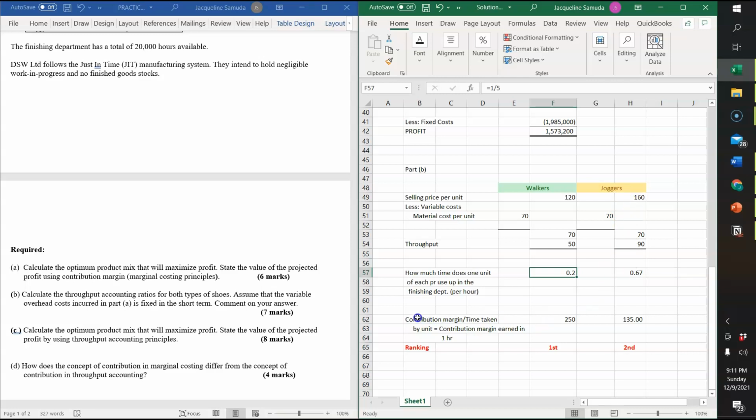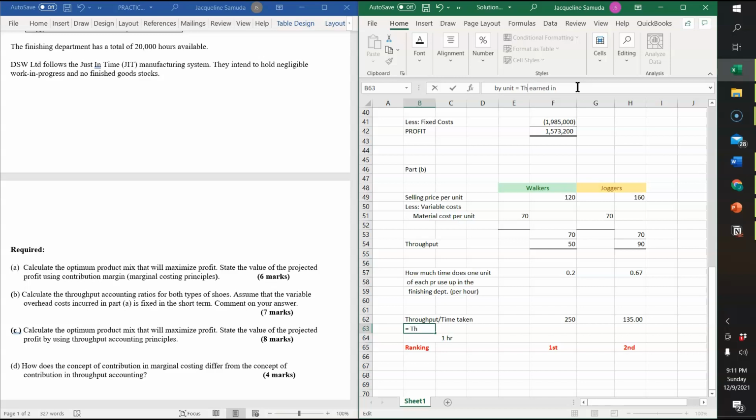Now notice that the throughput per hour has also changed. I'm going to change this from contribution margin to throughput because we're dealing with TPAR now. So notice the similarity in the approach. So the throughput based on the time taken is $250 of throughput earned in 1 hour. So let me change this to throughput.